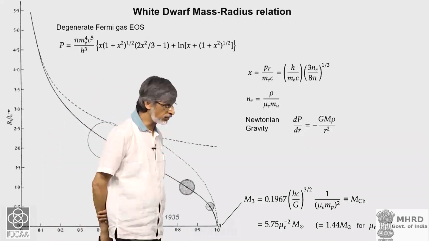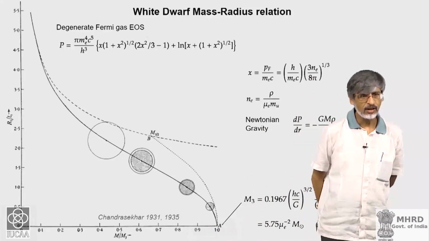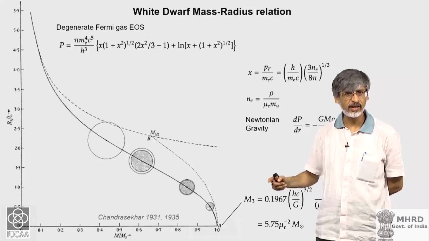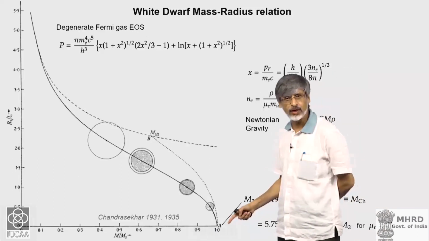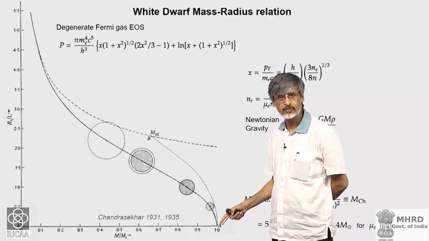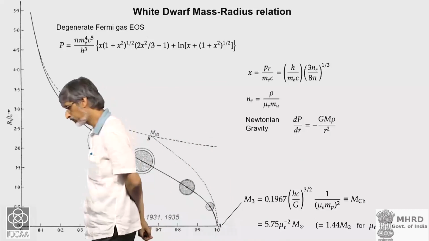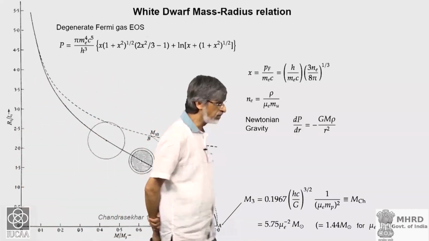And as this shows, because at that point there is no further support possible, the radius actually goes to 0.